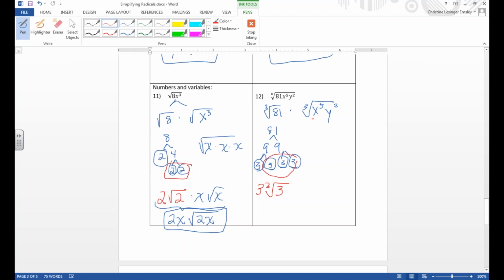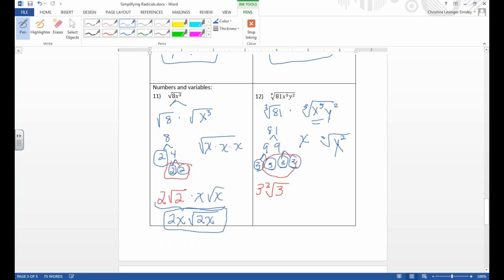And then over here with our variables, again, cube root, so we're looking for groups of 3. With our x, we have 5 x's. So that means there is one that can come out that represents 3 x's inside the radical, and that means we are still left with 2 more inside because we took out one group of 3. Oh, sorry, that should be an x squared, not a y squared.